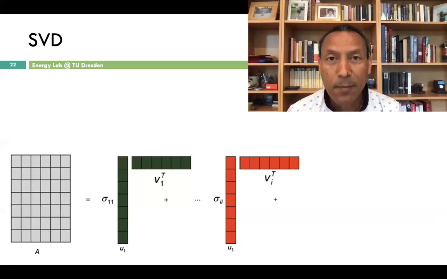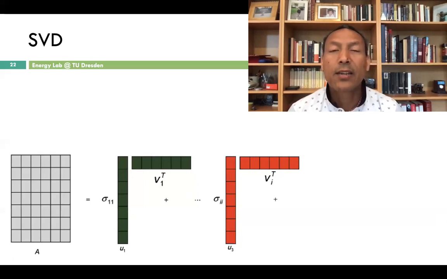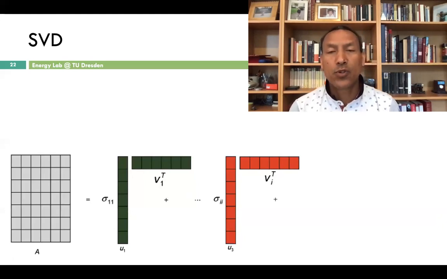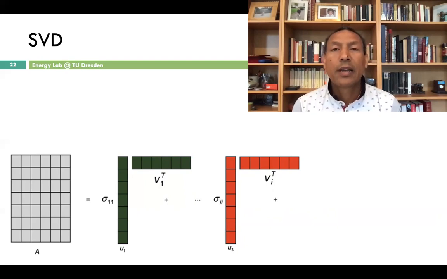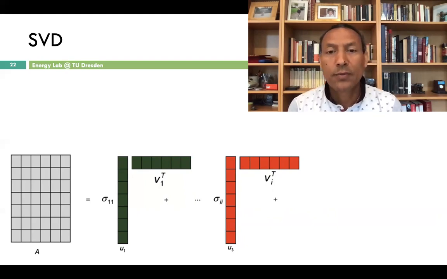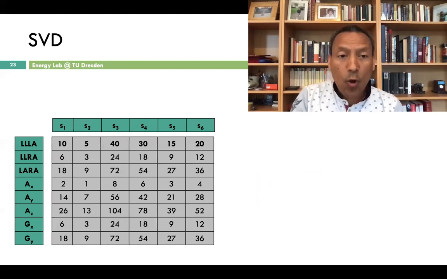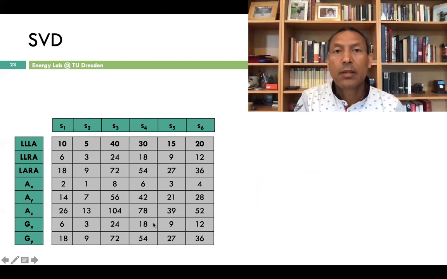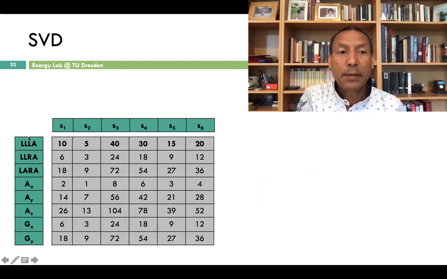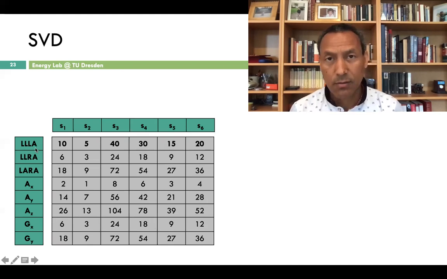How does this help us in dealing with motion artifacts? It helps us as follows. We have said our raw matrix here can be built by taking measurements from different channels.